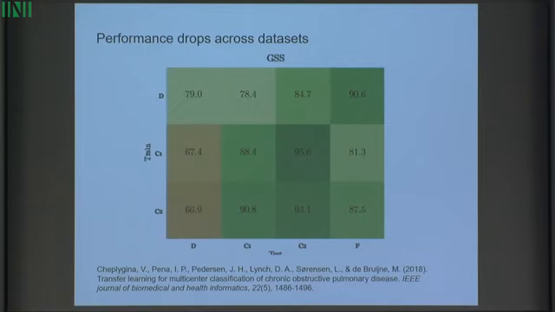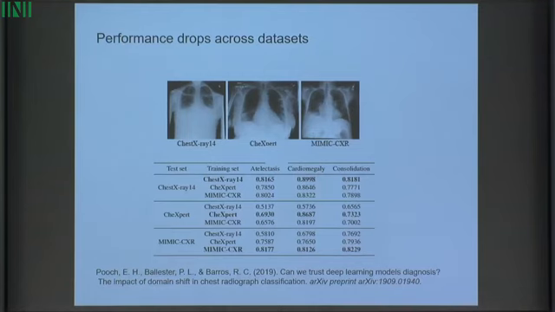This is with texture features and a simple classifier. But there's also a recent example with these chest X-ray data sets that were just mentioned by one of the speakers. So there are 3 data sets with X-rays and 14 diseases.